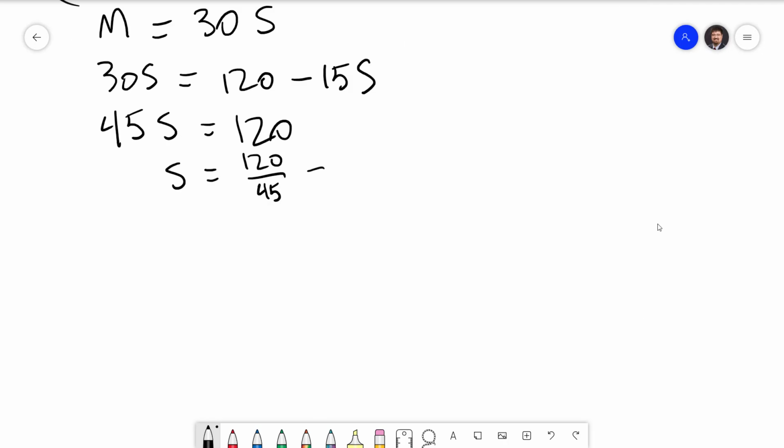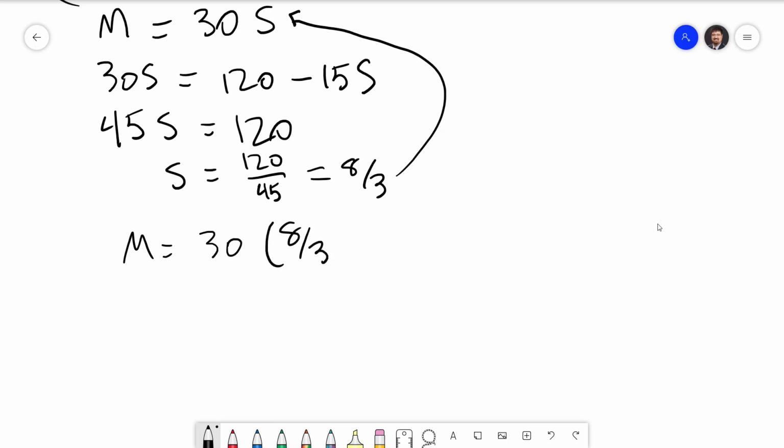When we do that, that also comes out to 8/3. All that's left is to plug this back into this equation. m equals 30 times 8/3, which is going to be 80. So this tells us that our worker is going to shirk for, again, 2 hours and 40 minutes and make an income of $80 a day.